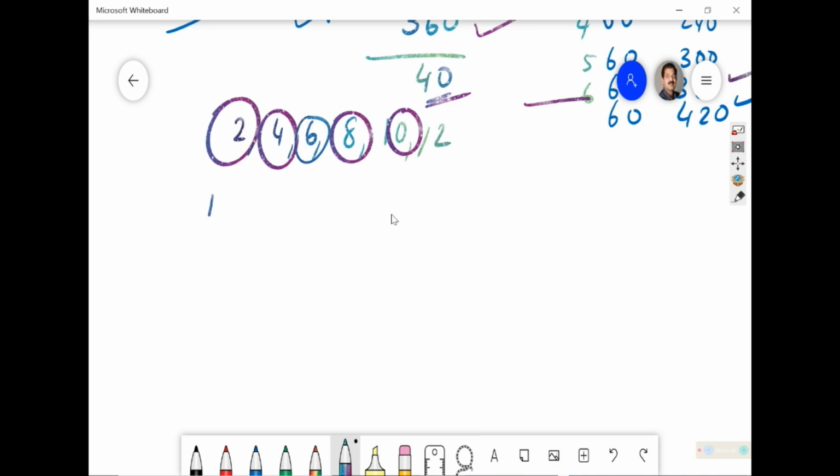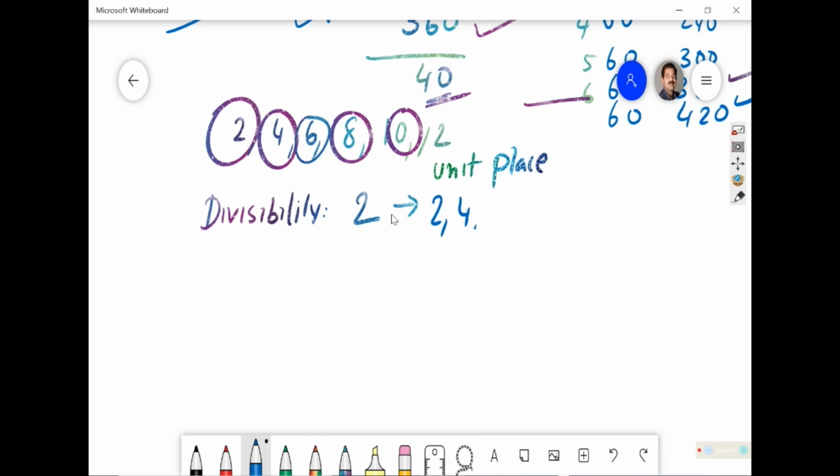If we ask about divisibility by 2, you will say that those numbers of which the unit place should contain 2, 4, 6, 8, 0.